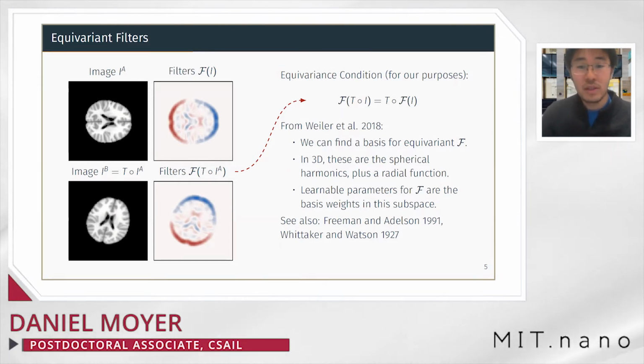We can construct these from a basis of all filters that obey this property. This is most recently expressed in Maurice Weiler's paper in 2018, but there are hints and flavors of this throughout computer vision since steerable filters in the 90s, and from long before in physics.